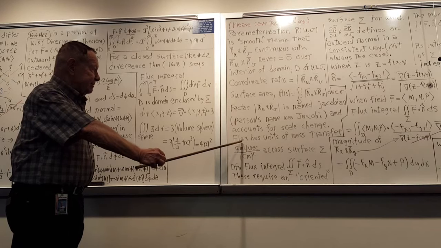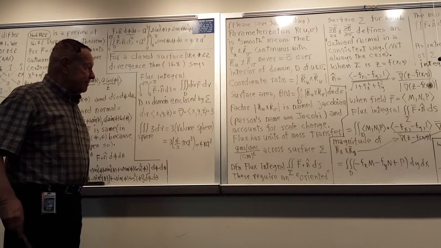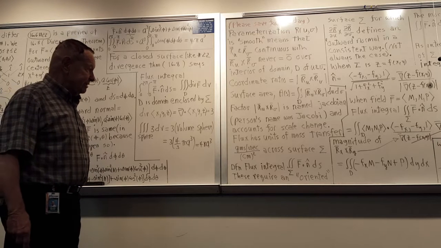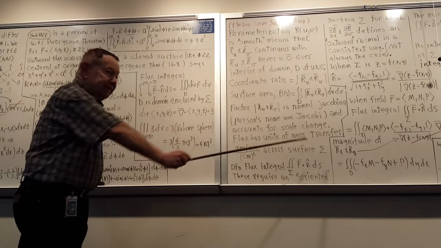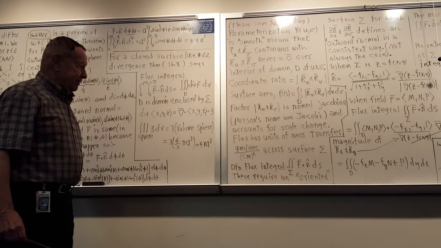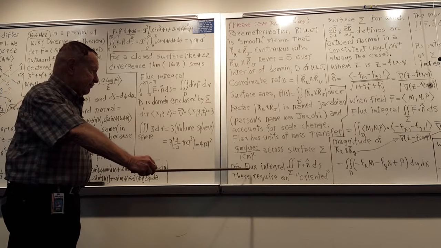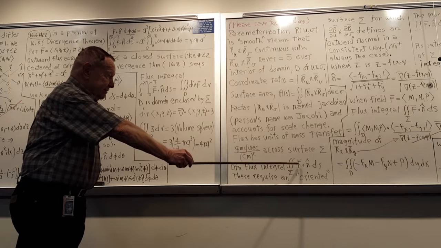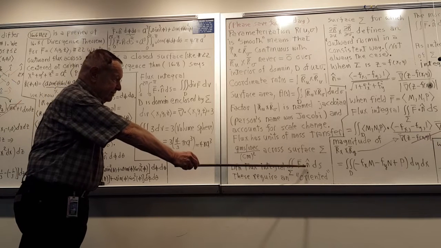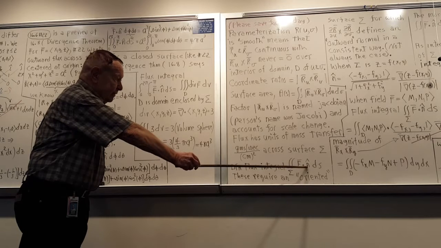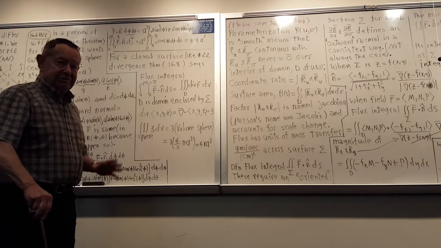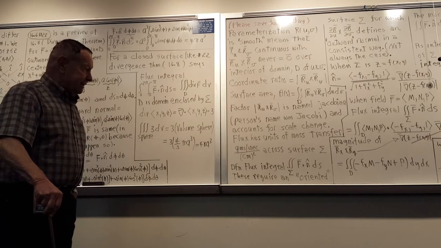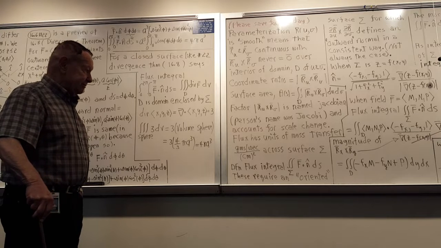So flux has units of mass transfer, like grams per second per square centimeter across the surface. And I'm using the capital letter sigma for the name of my surface. So a flux integral then would be an integral over this surface of the dot product of the field with the outward pointing unit normal. So it's the normal component of this field integrated across the surface.